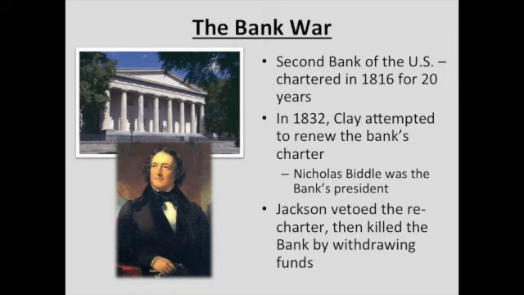And the reason Clay did this is he was hoping that Jackson, who hated the bank, would say something stupid or something regrettable during the campaign about the bank that Clay could then turn around and use against him in the election. So this was quite the power play by Henry Clay, but it didn't work.